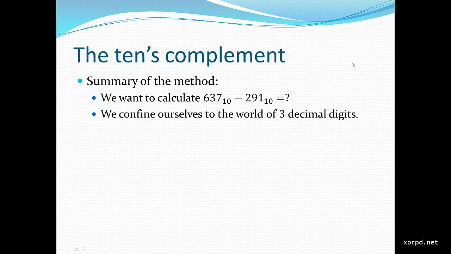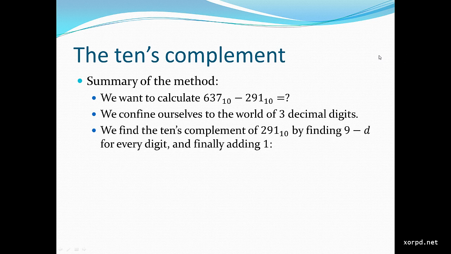We could also choose, for example, 5 or 8 or even 32, but it might be too much here. 3 is about the minimal number of decimal digits that we can choose. First, we find the tens complement of the second number, of the number 291. We do it by finding 9 minus d for every digit d, and finally adding 1.